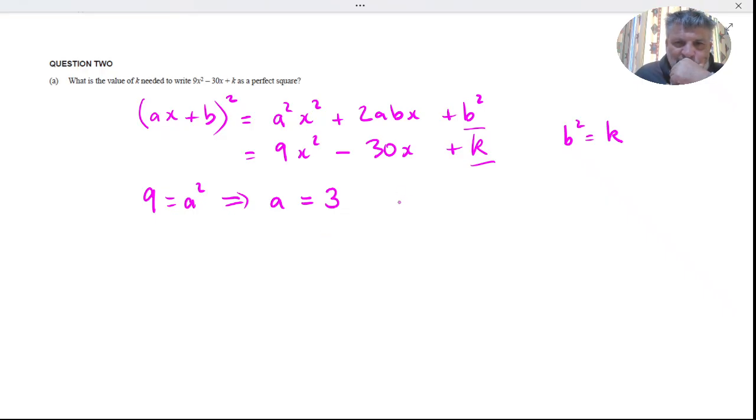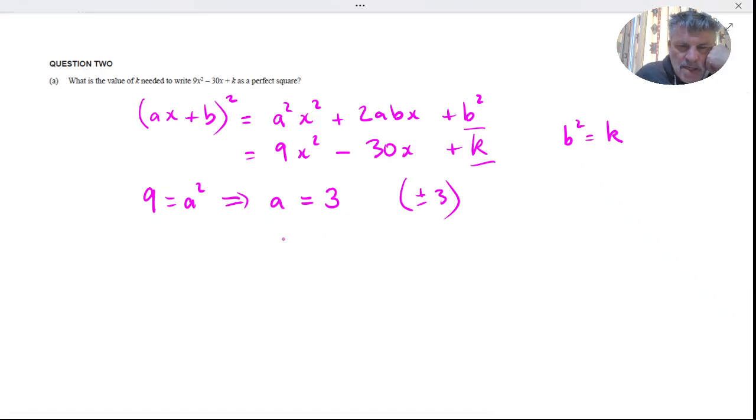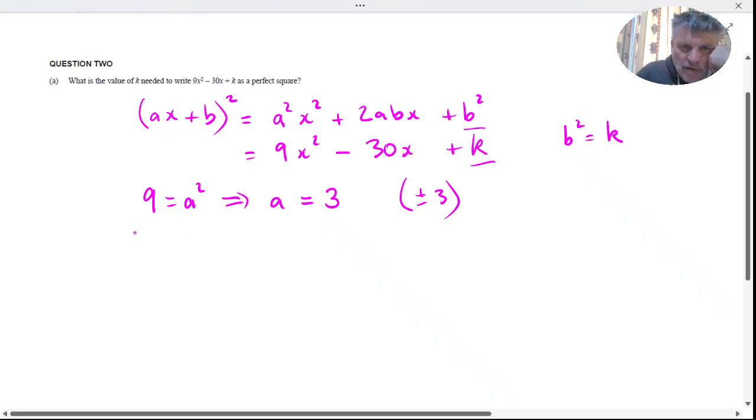You could actually get plus or minus 3 here. We'll explore that in a minute. Now, once we've got a is 3, for this second coefficient we've got 2ab has to equal minus 30.